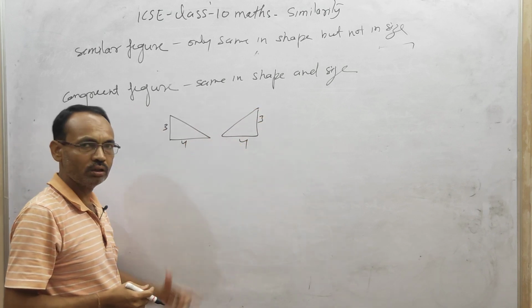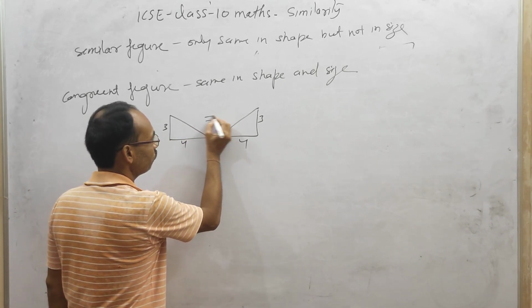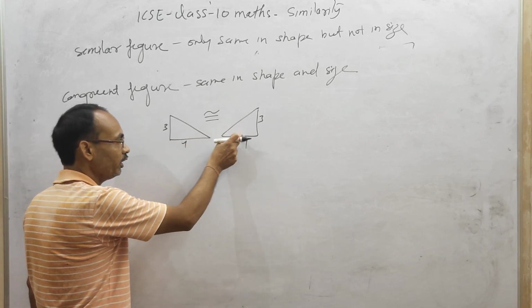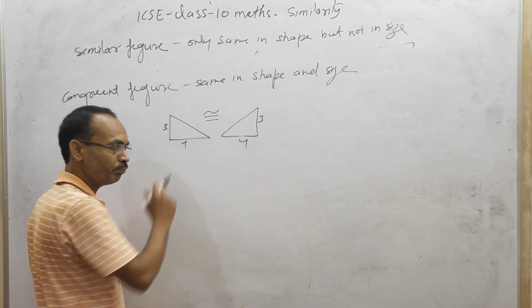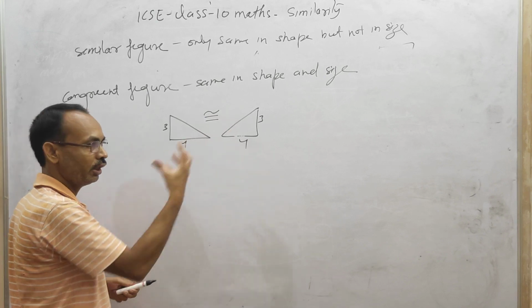These two triangles are congruent figures and the symbol of congruence is this, because the sides, shape and size, all things are the same.